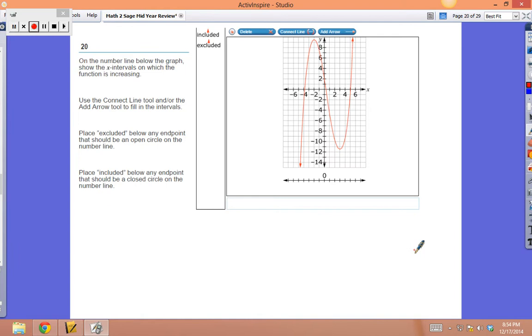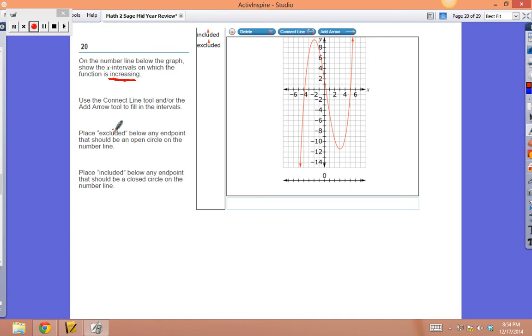Okay, 20 gives you kind of the same thing, looks like a cubic, and it wants to know, what does it want to know? Show the x intervals when the function is increasing. So it's kind of like when it's positive and when it's negative. They want to know, when is it increasing?